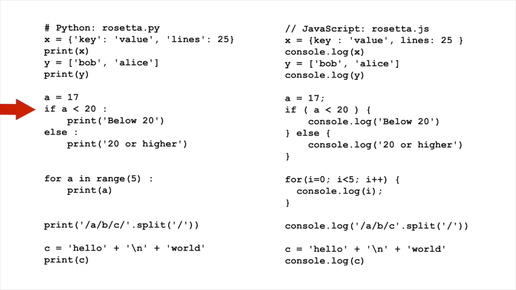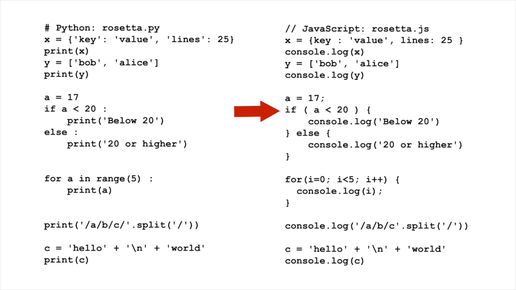The if statements are a little different. We're going to set a to 17 and check to see if it's less than 20. In Python on the left, the print statement must be indented, the else must be de-indented, and the print statement must be indented, and then later the for statement must be de-indented. Now it turns out that good C programmers and good JavaScript programmers start and end blocks of code not with indenting, but with open curly brace and close curly brace.